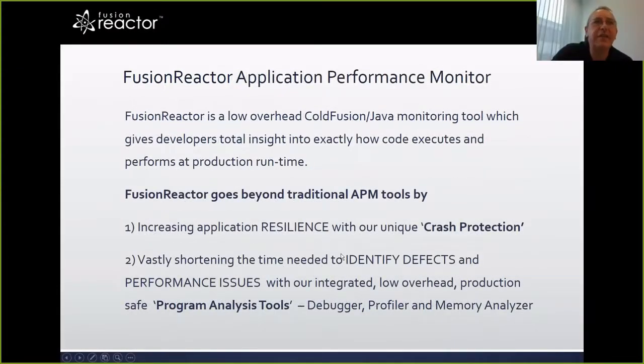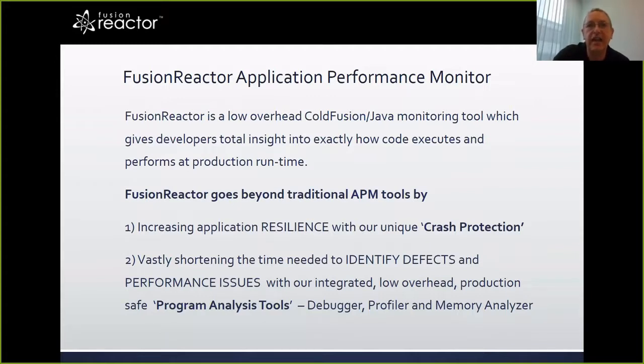Like I said, FR is a low overhead Java monitoring tool. The idea is that it gives developers total insight into how their code executes and performs at production runtime. And I mentioned before, we've got two really unique features which differentiate Fusion Reactor from all the other APM tools.